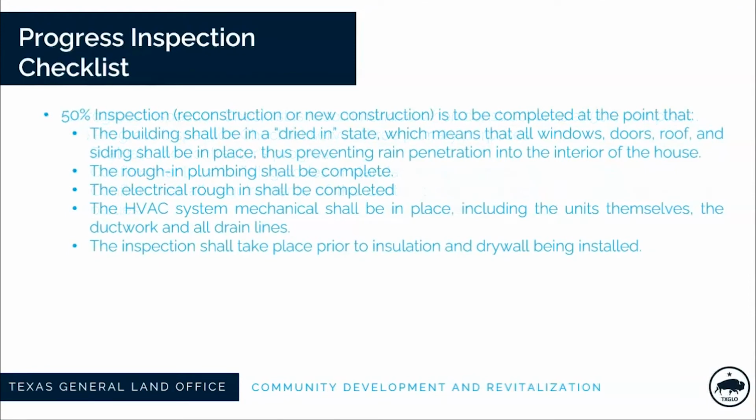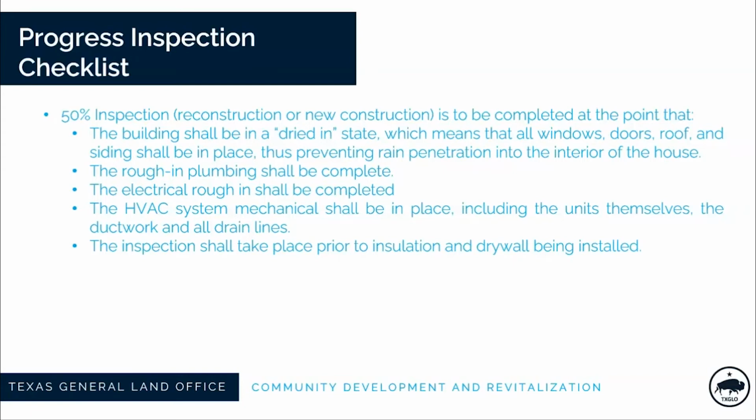To elaborate, the 50% inspection for reconstruction or new construction is to be completed at the point that the building shall be in a dried-in state, which means that all windows, doors, roof, and siding shall be in place, thus preventing rain penetration into the interior of the house. The rough-in plumbing shall be complete.